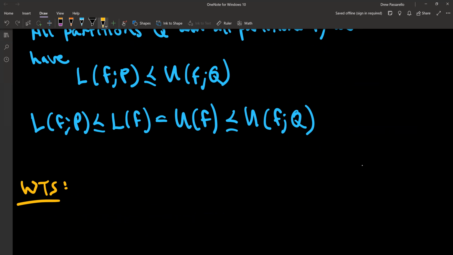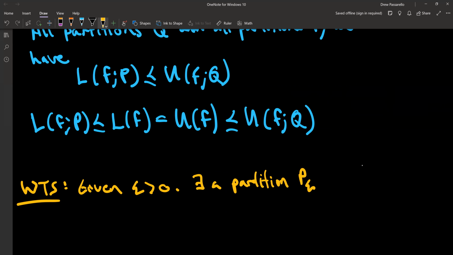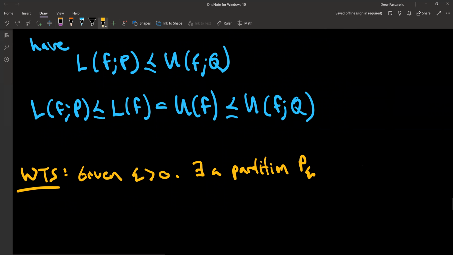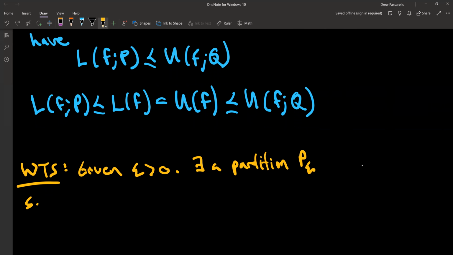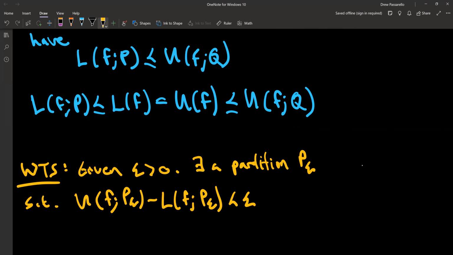So we're trying to show that for given epsilon, there exists a partition, I'm calling it P of epsilon, so dependent on that epsilon, such that the upper sum with this partition minus the lower sum with this partition is less than epsilon.